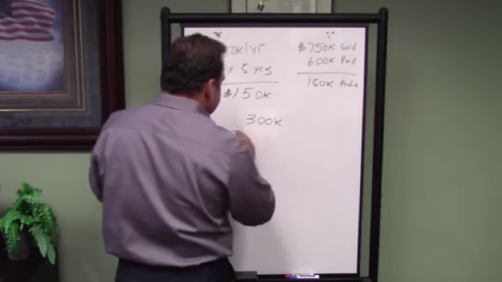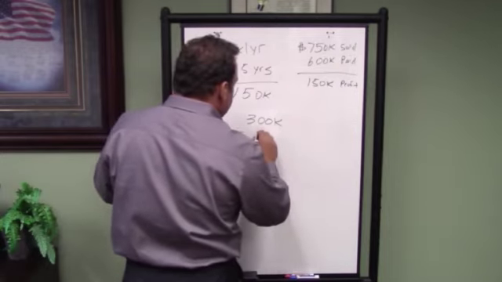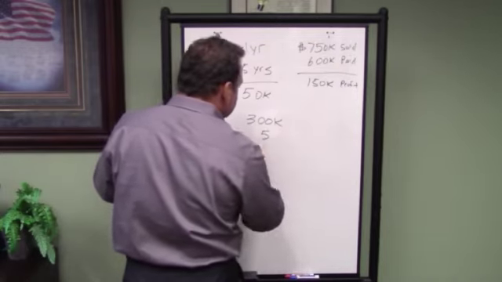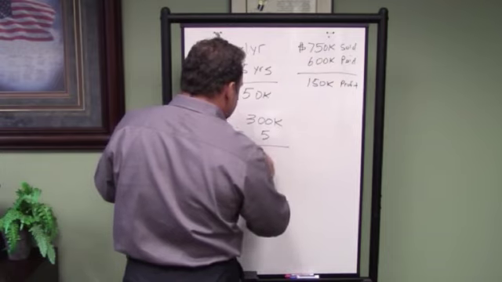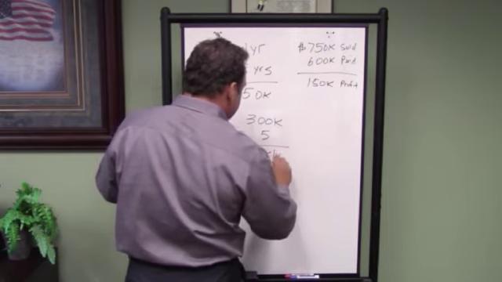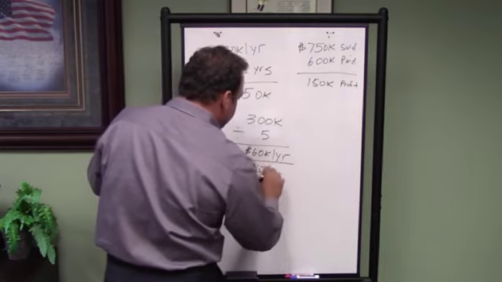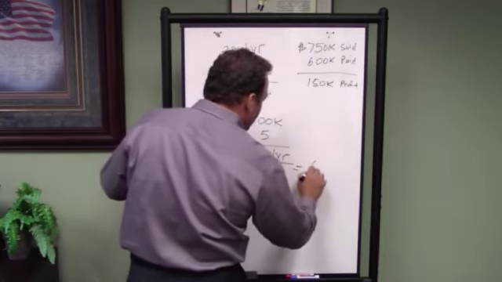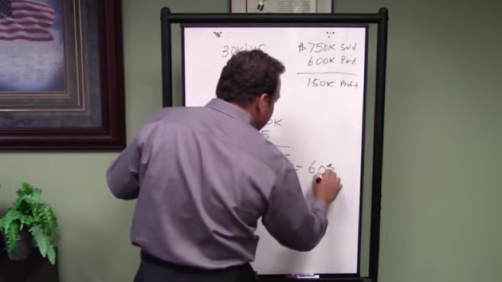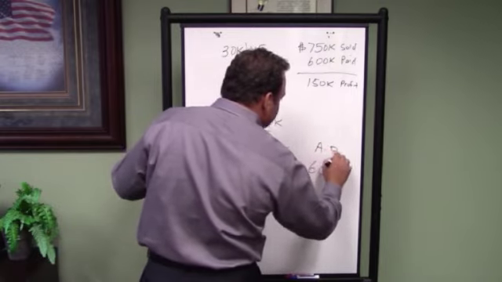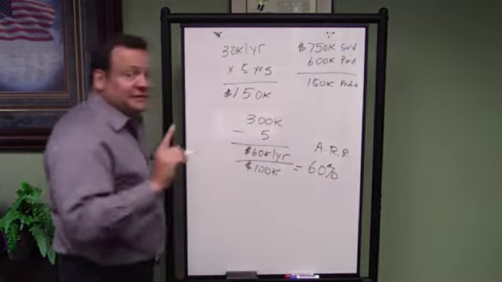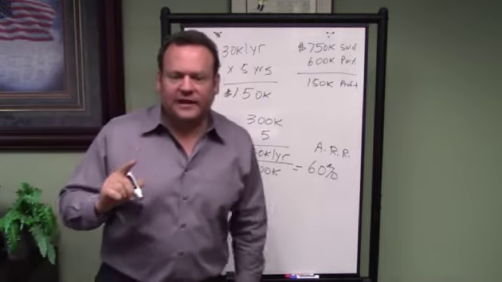We're going to divide that by 5 years and get $60,000 a year. And if we divide that by our $100,000 investment, what do we get? A whopping 60% average rate of return. Nice. Very, very nice.